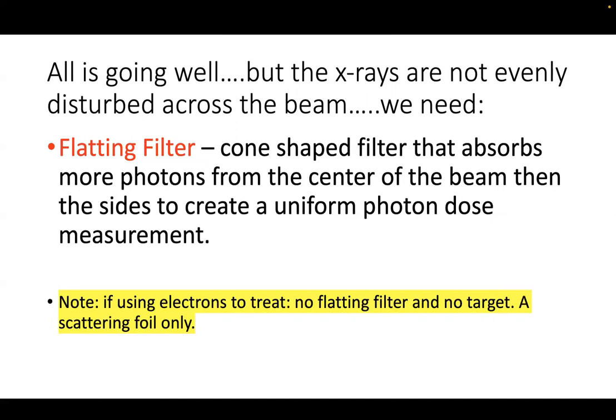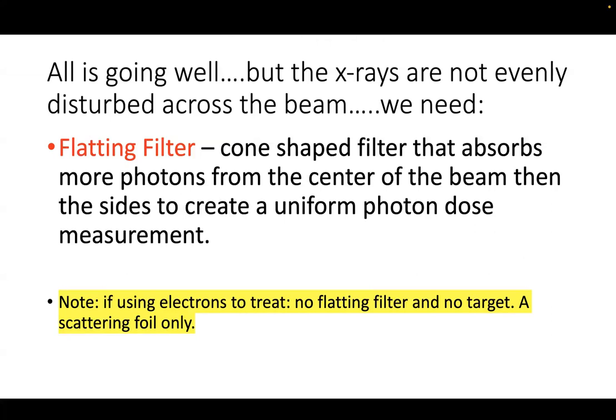So there's two things that basically do the same thing, but one is done with photons and one is done with electrons. So with photons, we have something called a flattening filter. And the flattening filter is basically going to make sure it's an even distribution of photons.